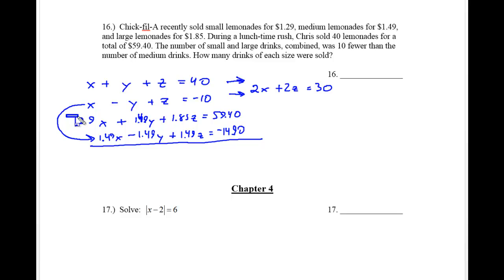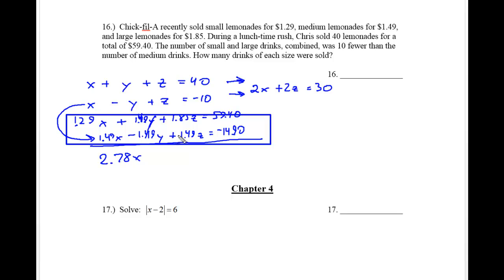Now I'm combining that with this third equation, so I'm really looking at just these 2 equations right here. I'm going to add these up, and what I get here is $1.29 and $1.49, which is going to be $2.78x. These y's simplify.